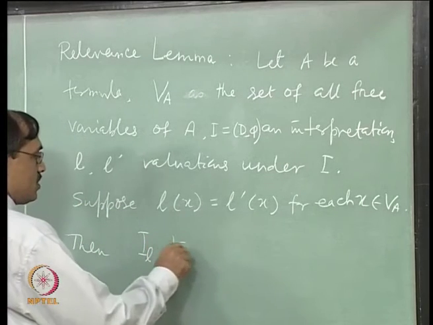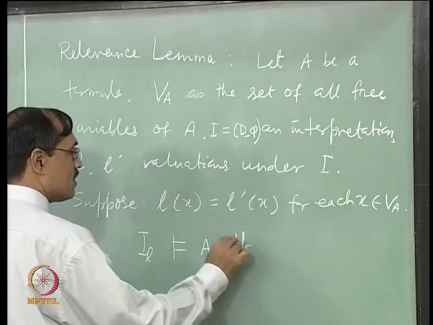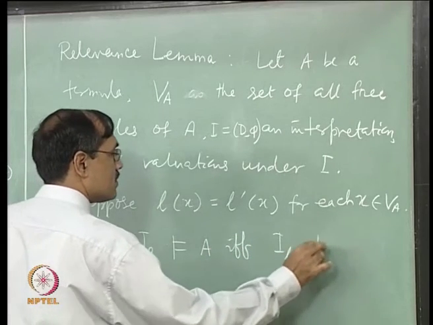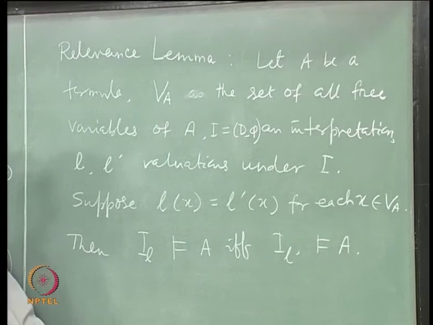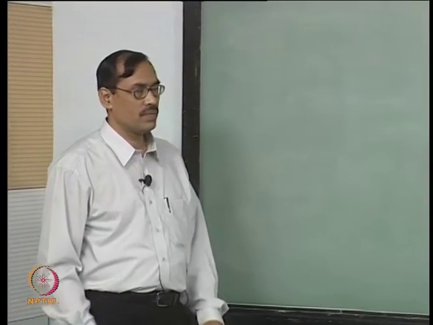So I L satisfies A if and only if I L prime satisfies A. This is what we conjecture. Okay. So how do we prove this?